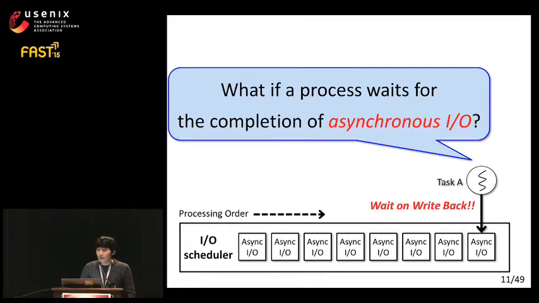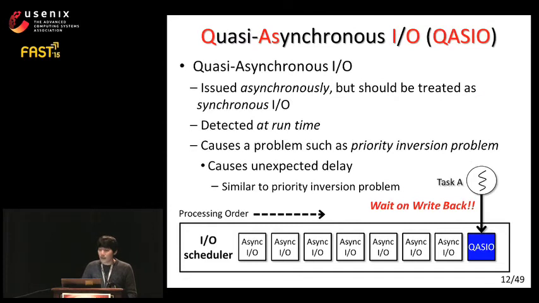In spite of the nature of asynchronous I/Os, which no task waits for, what if a task is waiting for the completion of an asynchronous I/O in the rear position of the request queue? The asynchronous I/O will delay the execution of tasks like synchronous I/O does. We define this kind of asynchronous I/O as quasi-asynchronous I/O, QASIO.